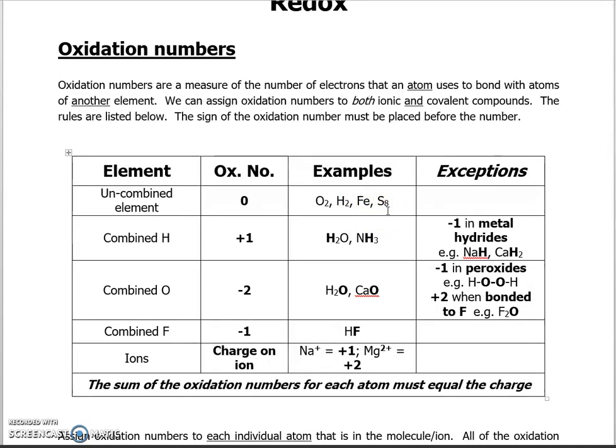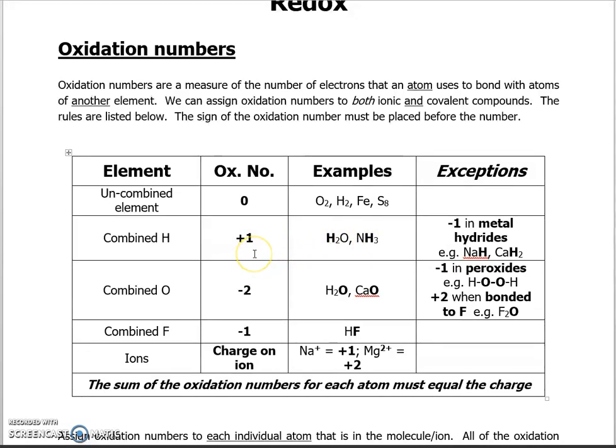So although the atoms have bonds to another atom, because they are atoms of the same element, the oxidation number is 0.